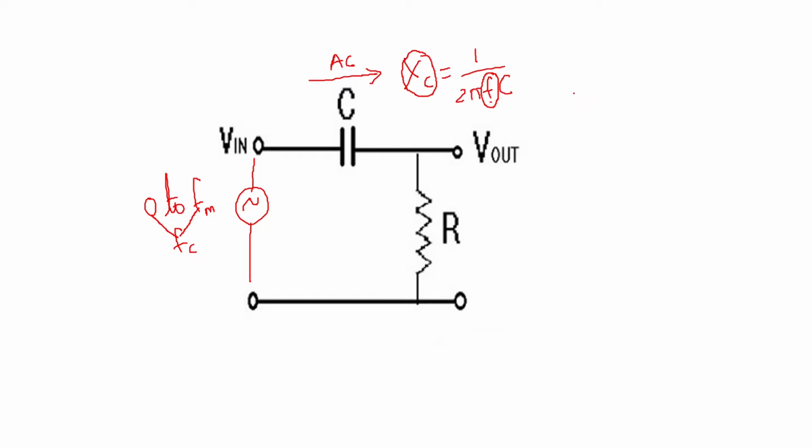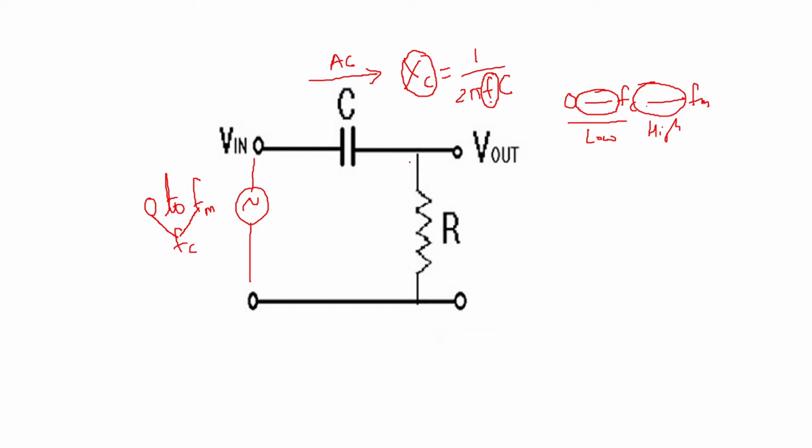That means from 0 to the cutoff frequency, these are lower frequencies, and after the cutoff till the maximum, these are at the higher frequency. So this will be passed and this will be blocked. As the frequency is decreasing, it will be blocked, and as the frequency is increasing, it will be passed by the capacitor.